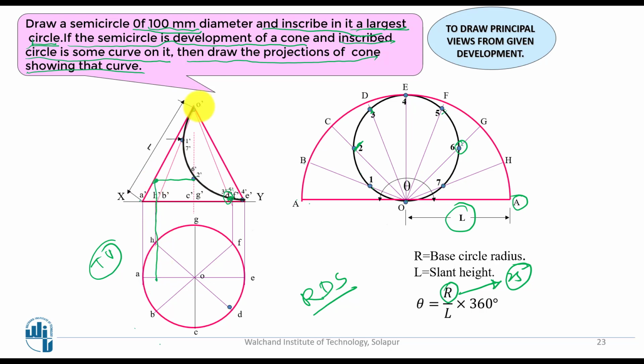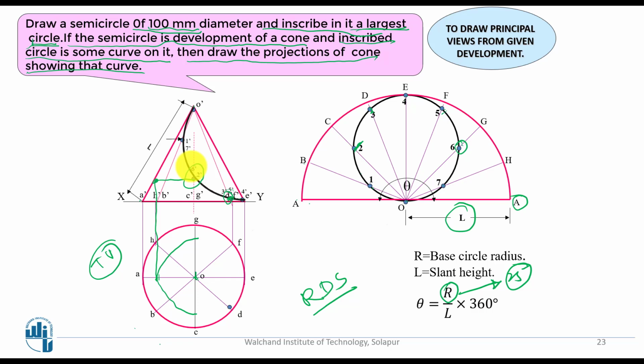Based on that you have brought it on the OA line. Now keep the compass here at O as the center and this much as the radius. You are expected to transfer this particular point in this way, this side as well as this side, because here there are 2 points.